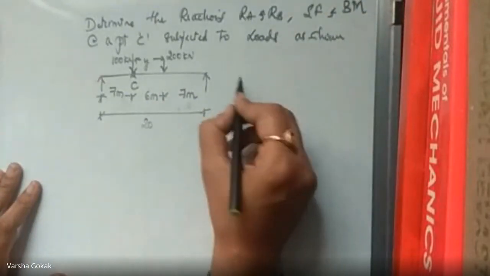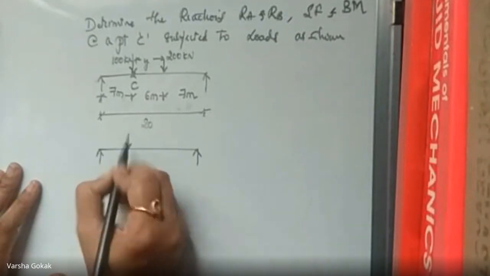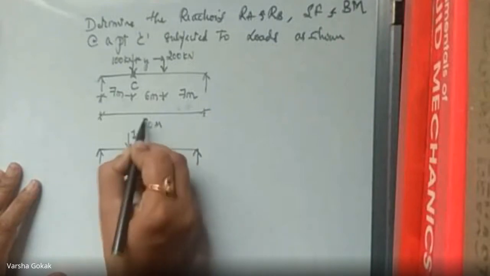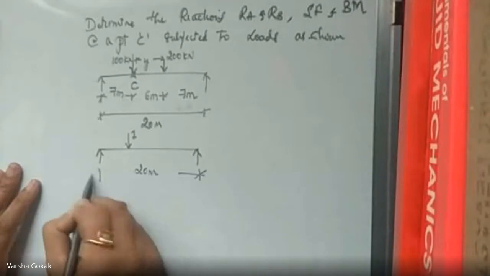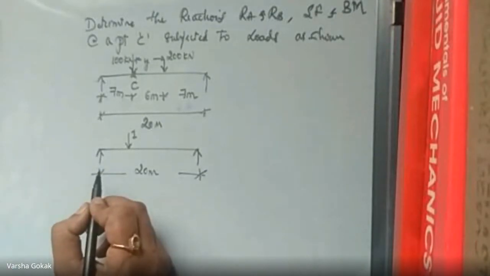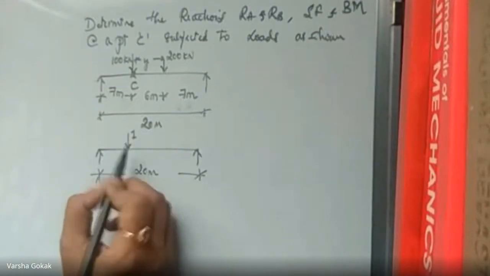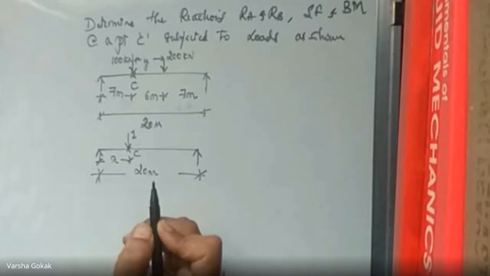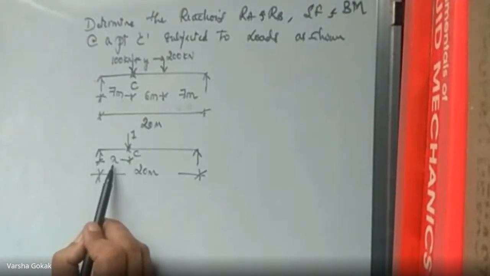Something like this. This is your beam, and I'll apply the unit load here. Unit load means 1. This is a 20-meter span. I will be keeping the span constant as 20, and this distance I will call x. This is your point C, and this unit load is acting at point C, which is at a distance x.